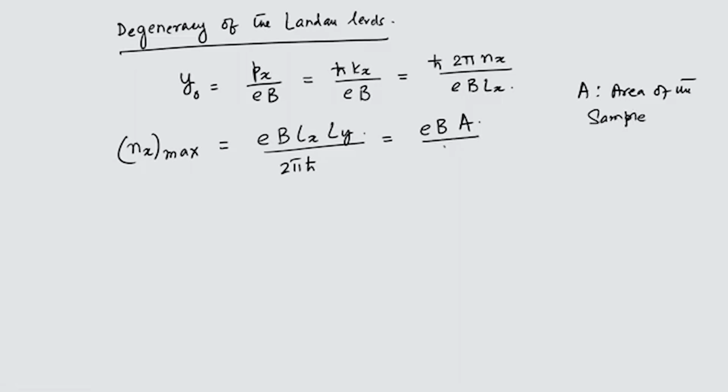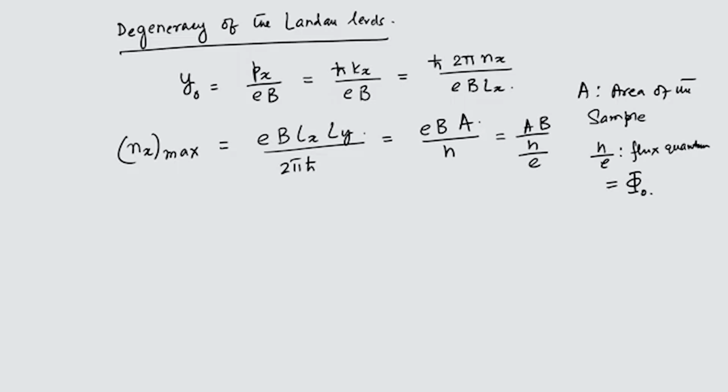And divided by h, because 2 pi h cross is nothing but h, I can write this as A divided by h over e, and I can leave that B there and put the electronic charge in the denominator, because h over e is a very important quantity which is called the flux quantum, which is denoted by phi 0. Okay. So, this is a flux quantum which has a particular value in Weber, some 10 to the power minus 14, 10 to the power minus 15 value.